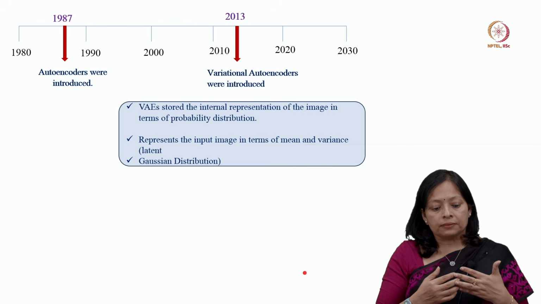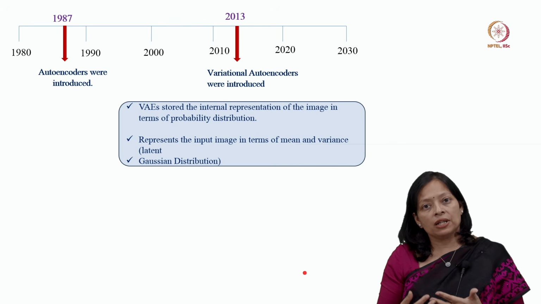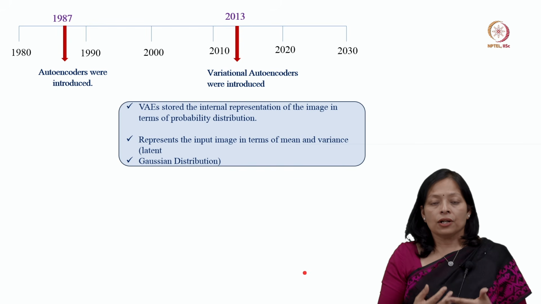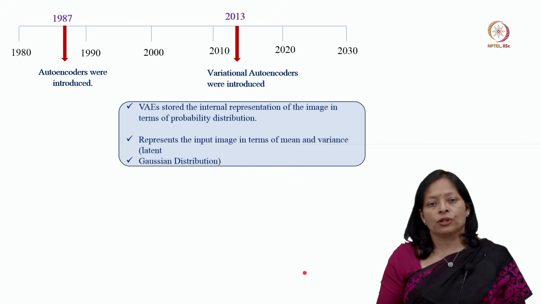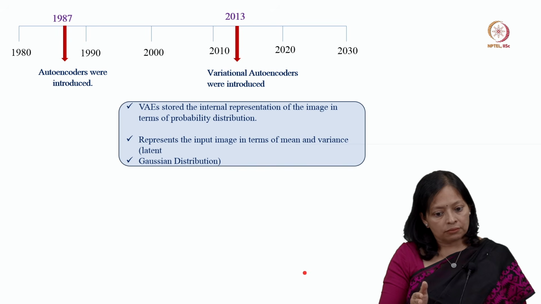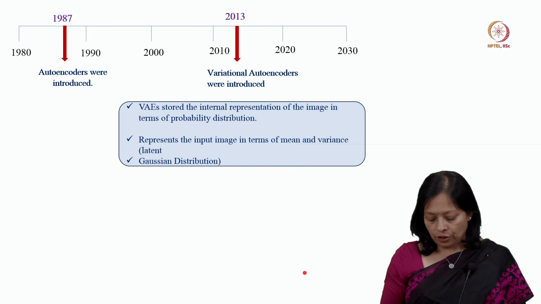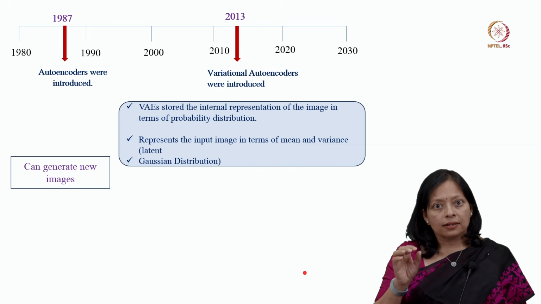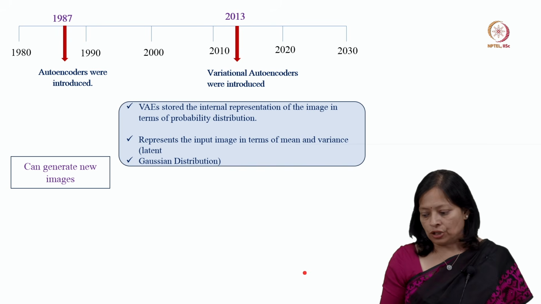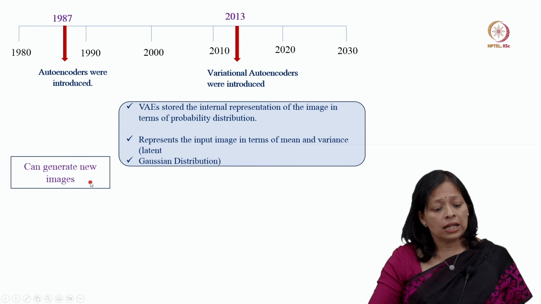The input image can be represented in terms of the mean and variance of a latent Gaussian distribution. That is new in variational autoencoders, and the main significant difference from autoencoders is that it can generate new images.